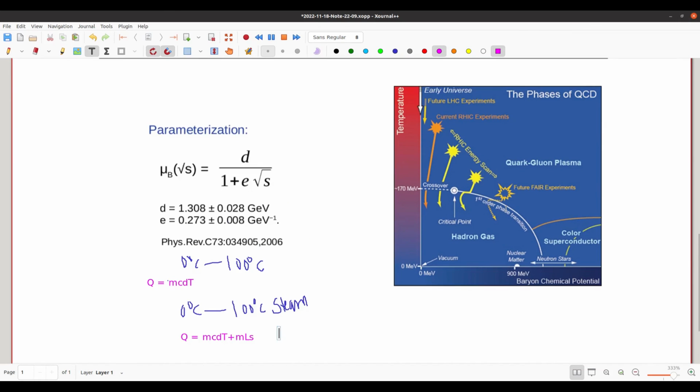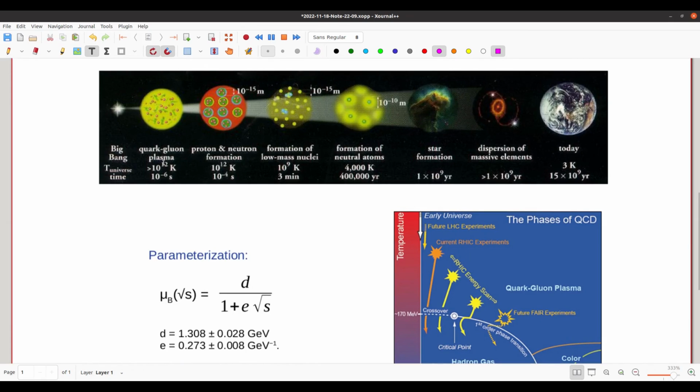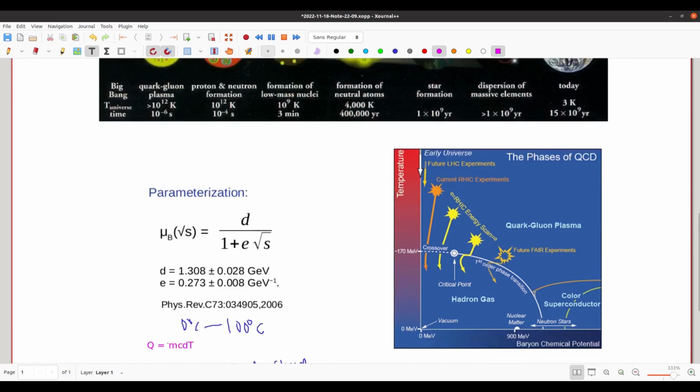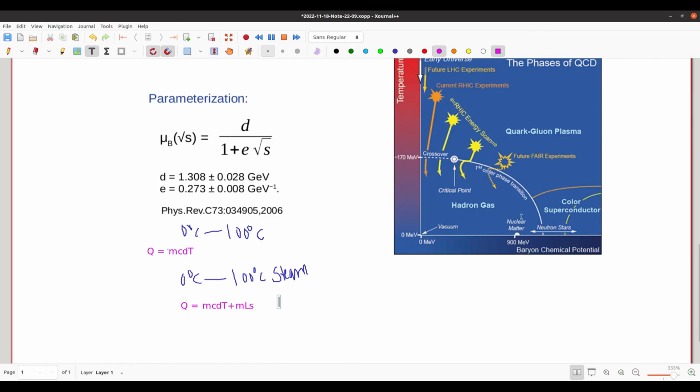Now we want to see how QGP is converted into the hadron gas. If we don't know whether it is only one step or two steps, like here, whether it is a first order phase transition or a crossover, then we will do the wrong calculation at the level of quarks and gluons.